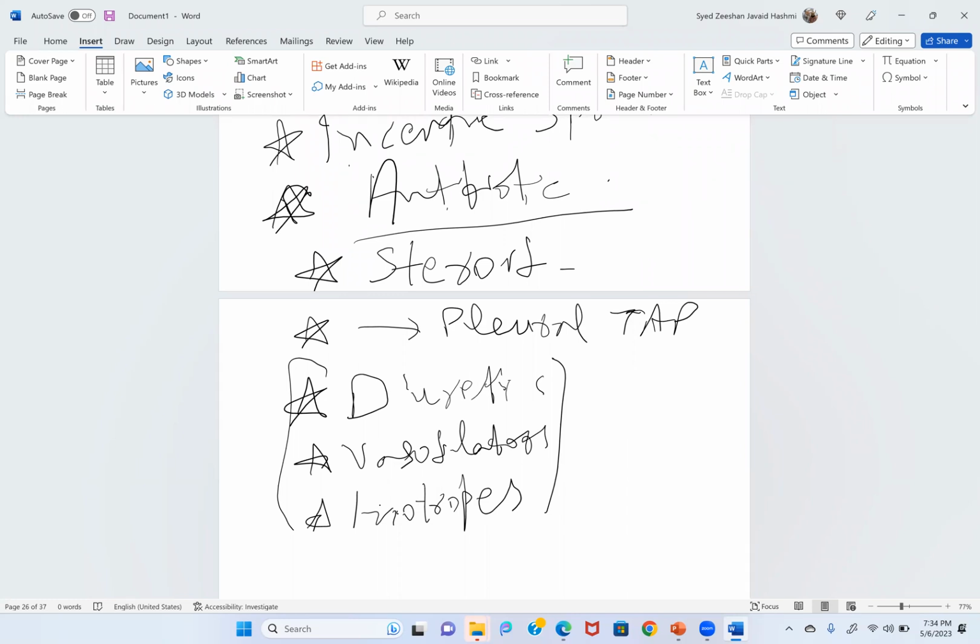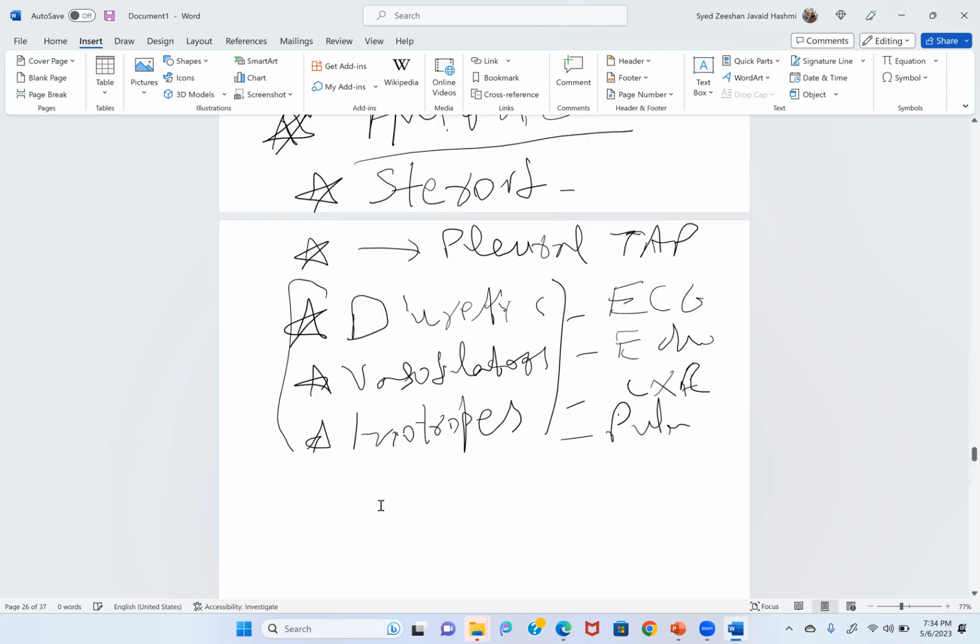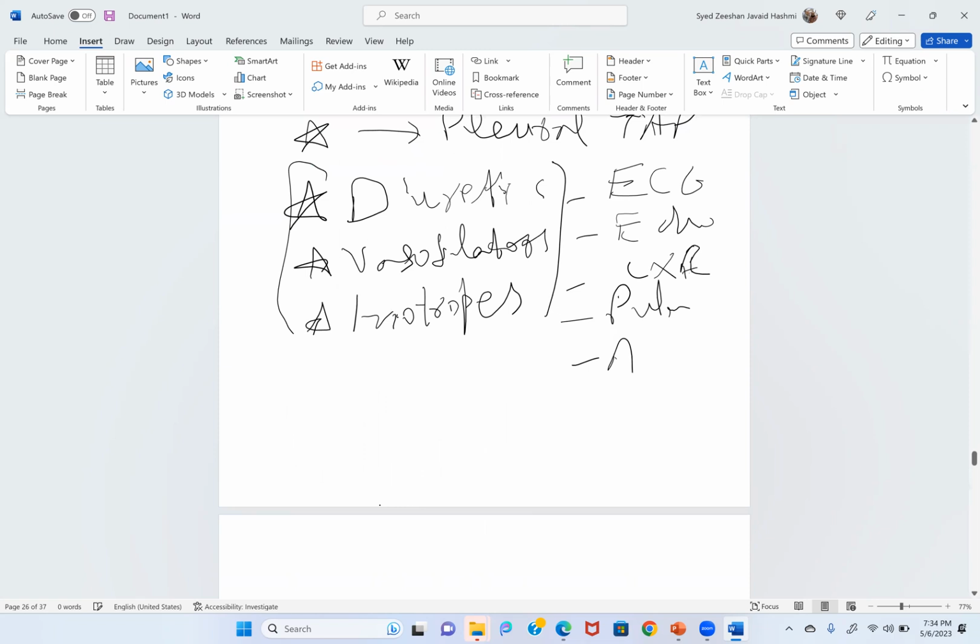Because usually you will order some investigation. Now you have the investigation in front of you, but you don't know how to interpret it. So whatever findings you had with the ECG, echo, chest X-ray, you should know what interpretation you would like to do. Even pulmonary spirometry, for example, ABGs.